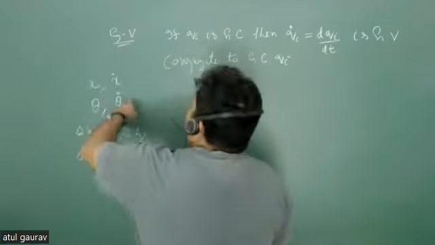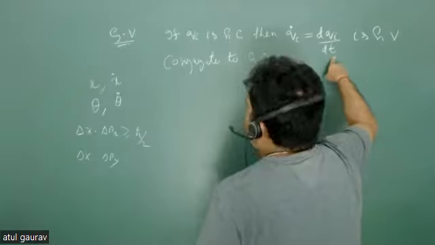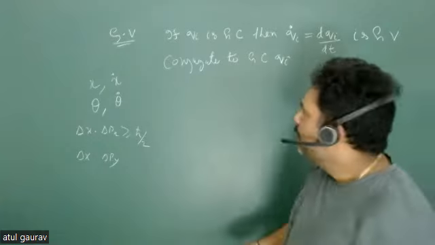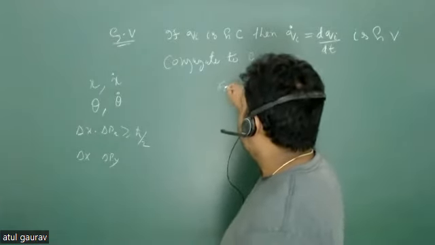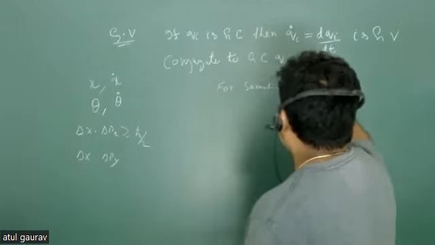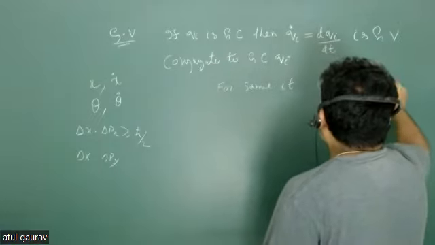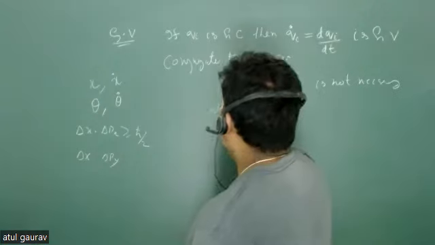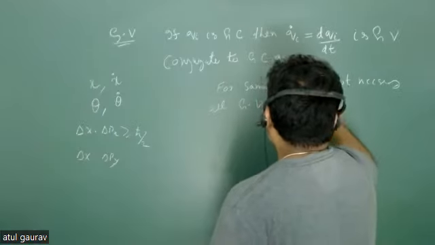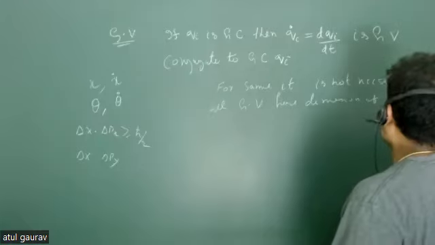It will not happen that for x the generalized velocity is theta dot, because it is defined as dqi upon dt. And it is also a very important thing that for the same system, it is not necessary that all generalized velocities have dimension of meter per second.